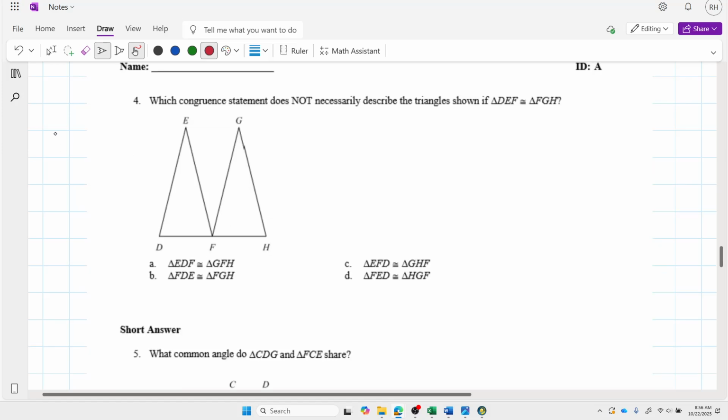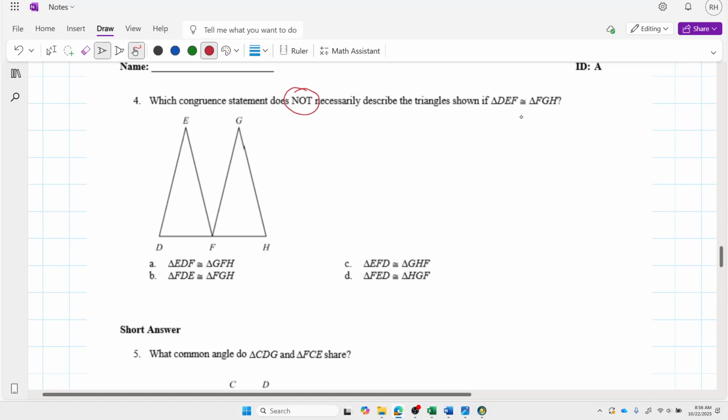All right, this problem can be tricky because you're asked which congruent statement does not necessarily describe the triangle shown. Triangle DEF is congruent to triangle FGH.